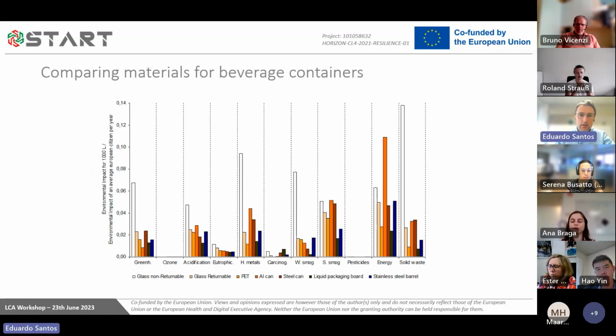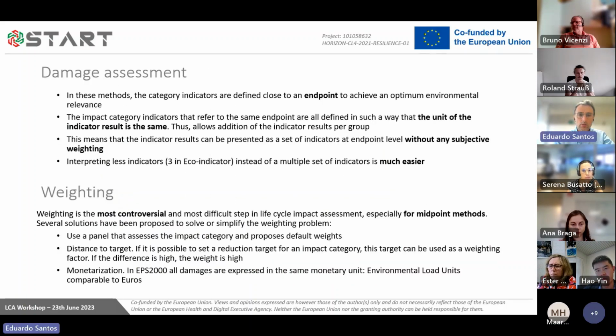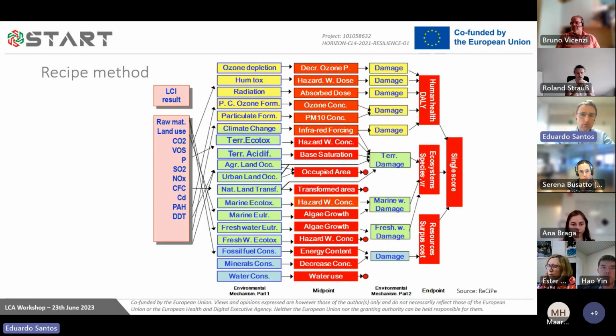And this is an example of normalized results, for instance, for different types of bottles. Our time is skipping away, so I will not go through this. This is a diagram of the ReCiPe method, which is a widely used method for environmental impact assessment.